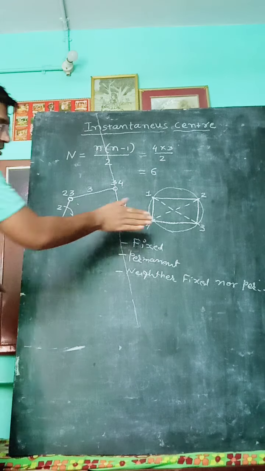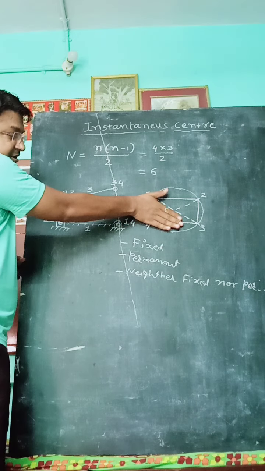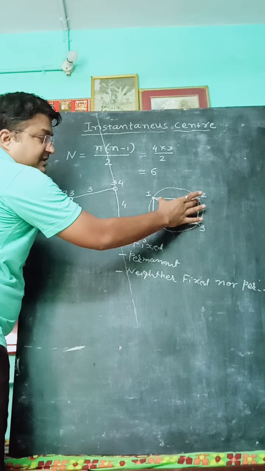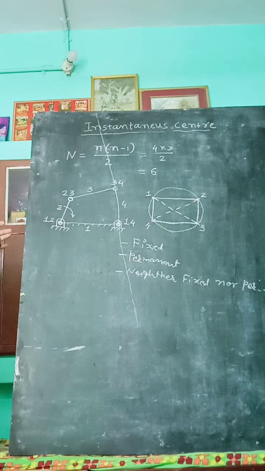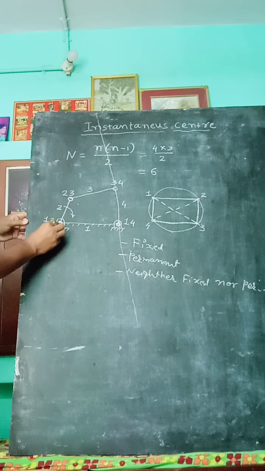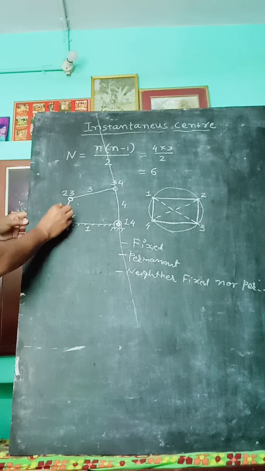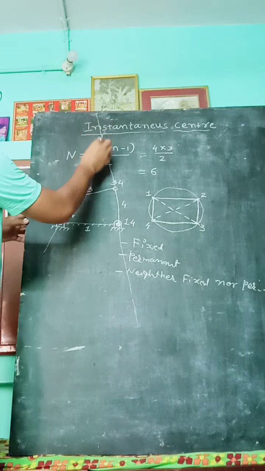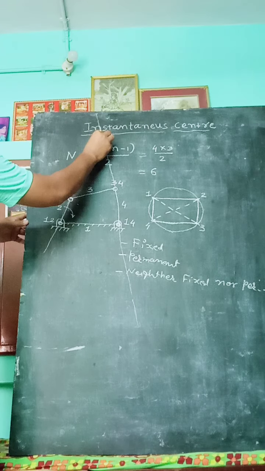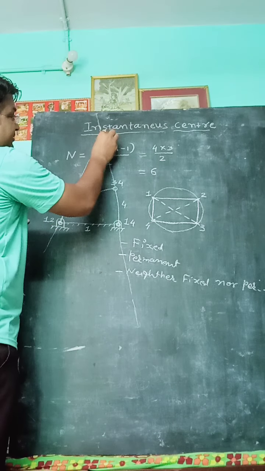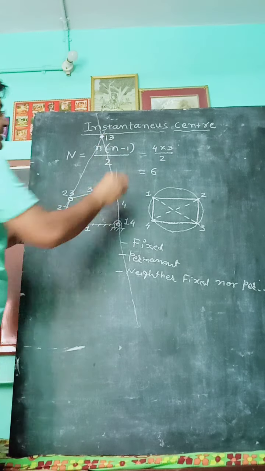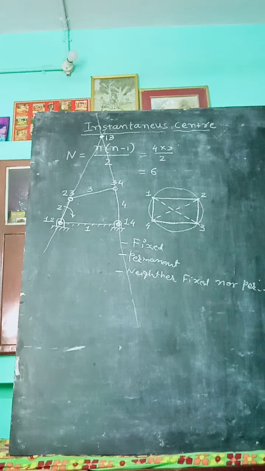And now see this triangle. Extend instantaneous center 1, 2 and 2, 3. So extend it. Yes. So here we have instantaneous center 1, 3. 1, 3 instantaneous center is here.